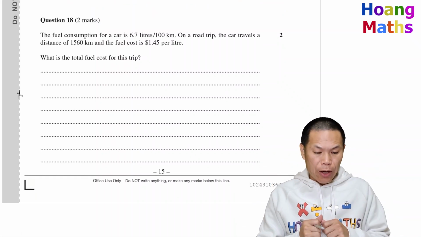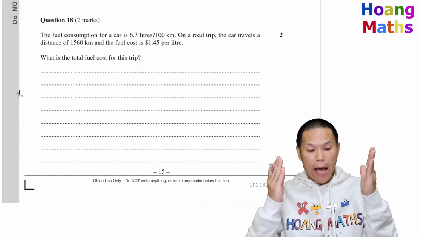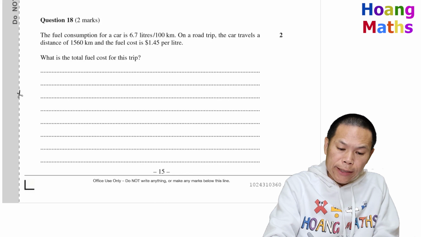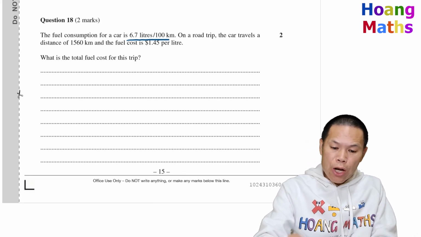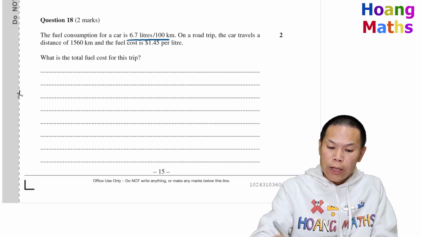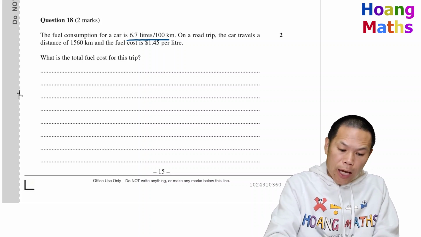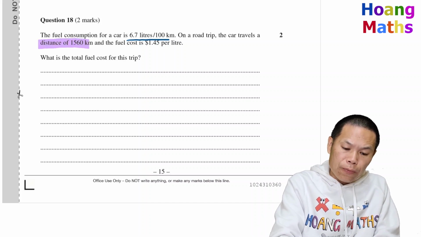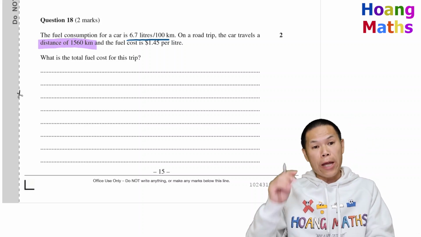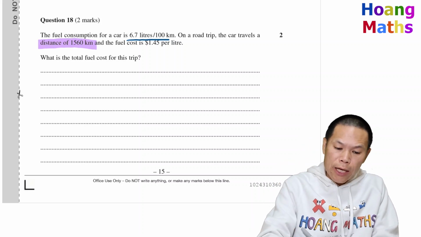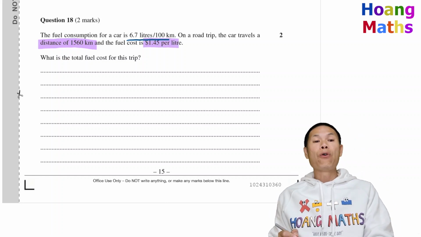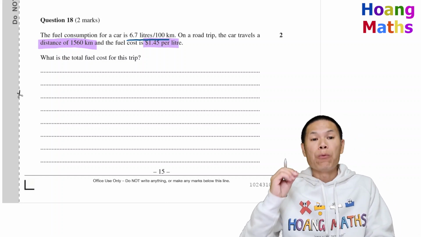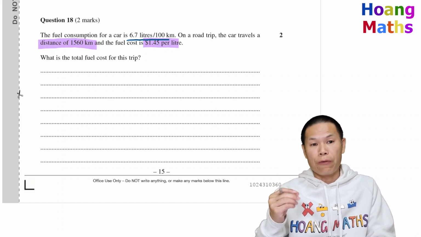Question 18. The fuel consumption for a car is 6.7 liters per 100 kilometers. On a road trip, the car travels a distance of 1,560 kilometers, and the fuel costs $1.45 per liter. We need to work out the cost for the trip.